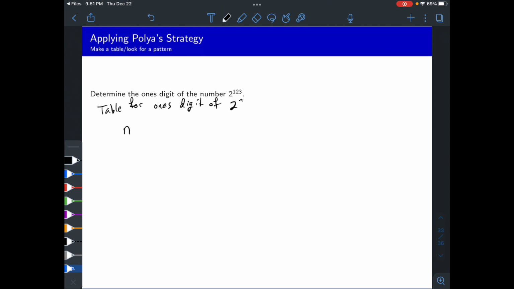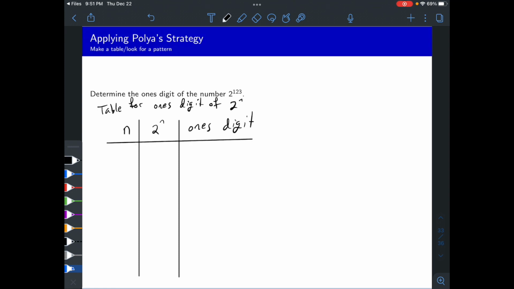So we'll do n, we'll do 2 to the n, and then we'll do the ones digit. So this is going to be a table with 3 columns. If my power is 1, then 2 to the 1 is equal to 2. So of course the ones digit will also be 2. If my power is 2, 2 to the power of 2 is equal to 4. That's going to be my ones digit.